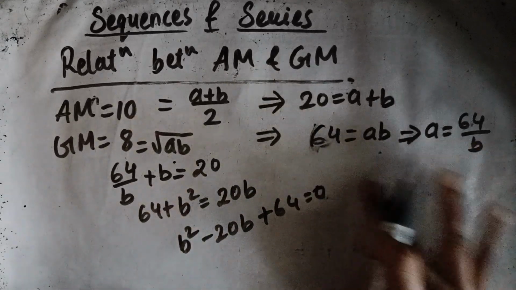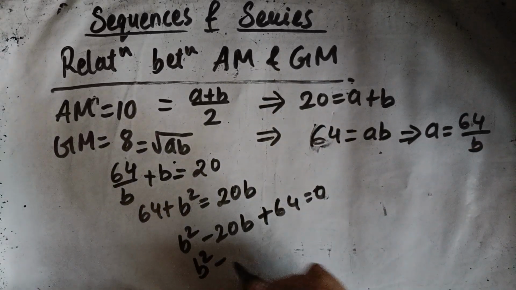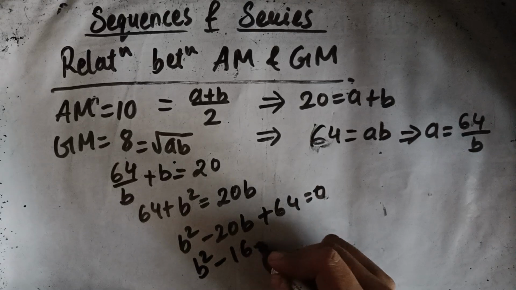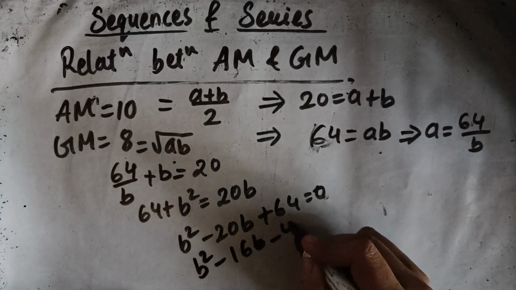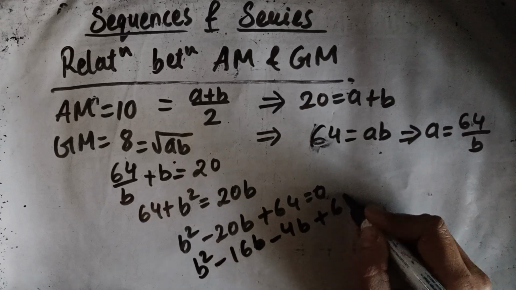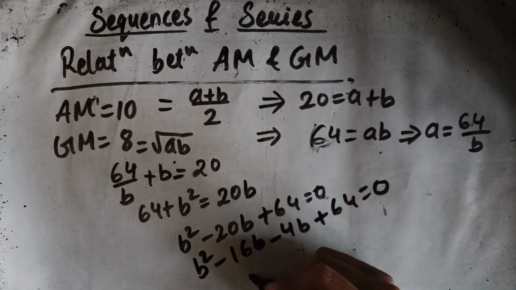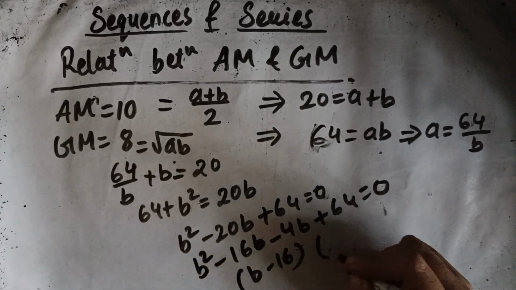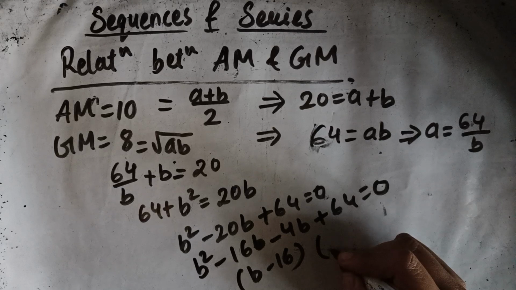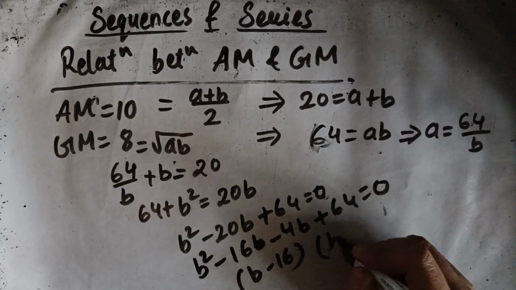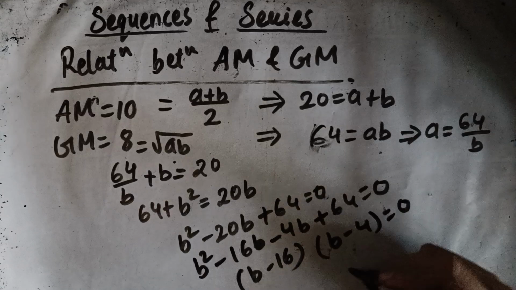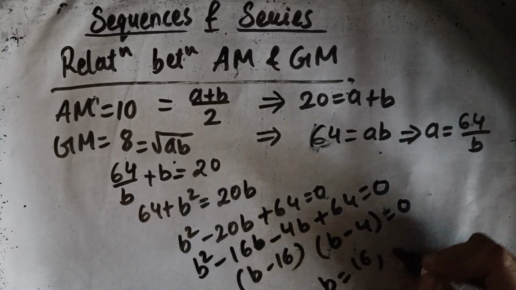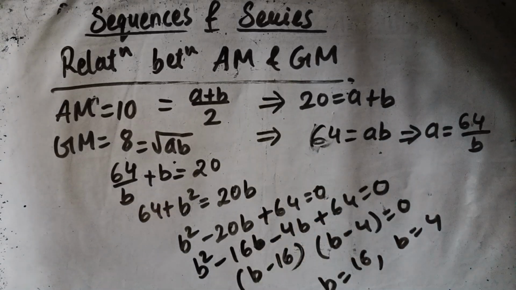Sixteen, four. So this is (b minus 16)(b minus 4), so b is equal to 16 or b is equal to 4.